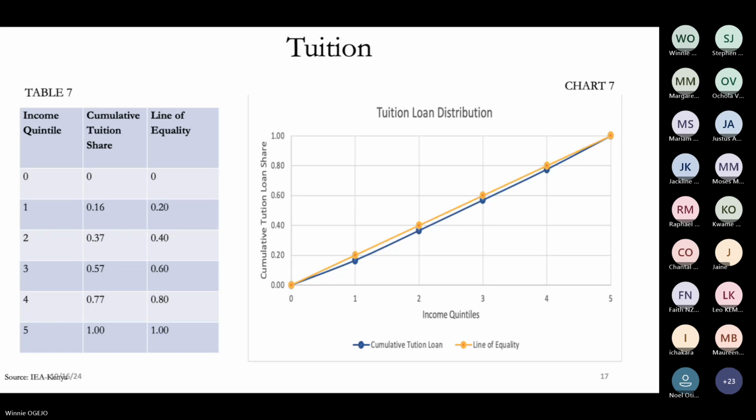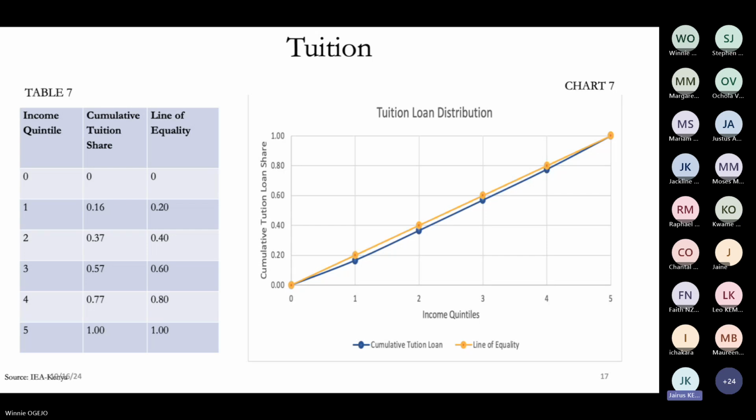But what we are seeing here is that students in quintile 1 received actually 16.6% of the share of tuition loans instead of 20, which implies they received about 3.4% lower than the equitable share.